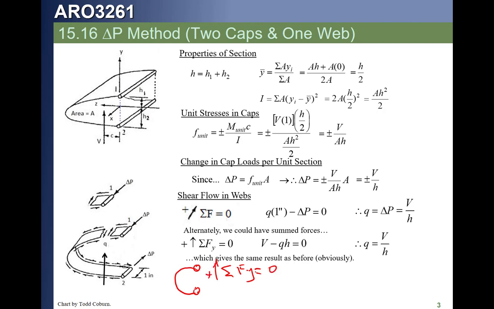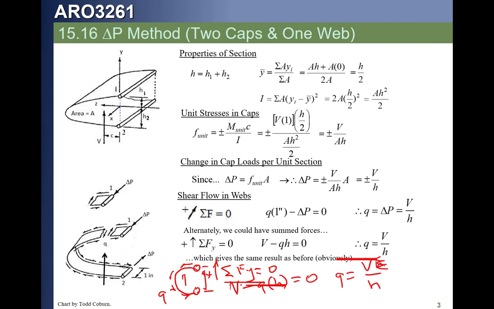We would have said, okay, we've got a shear like this, and it's being reacted by the shear flows which must be resisting it. That's Q. And if this is H here, then V is acting up, so V minus Q times H has got to be equal to 0. That means our shear flow is just V over H.